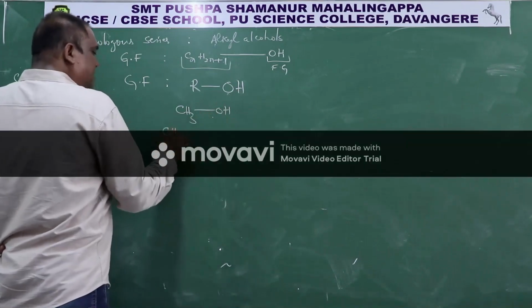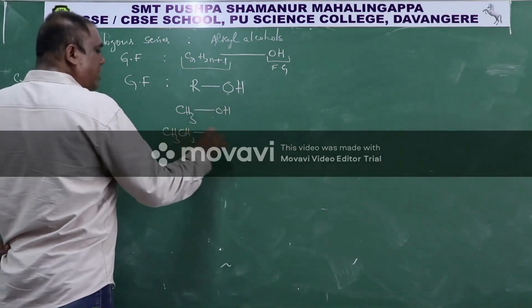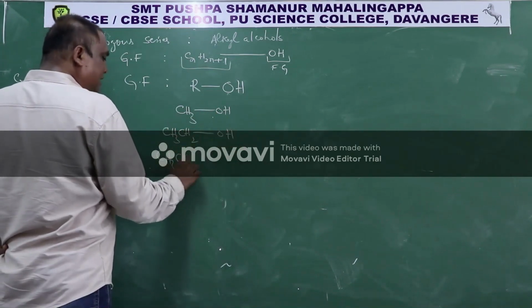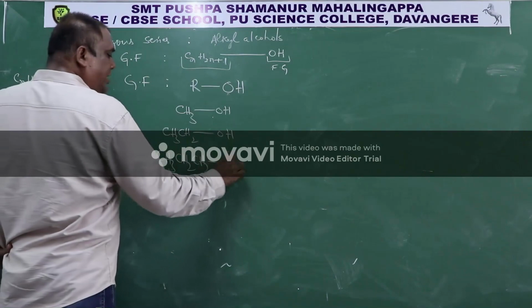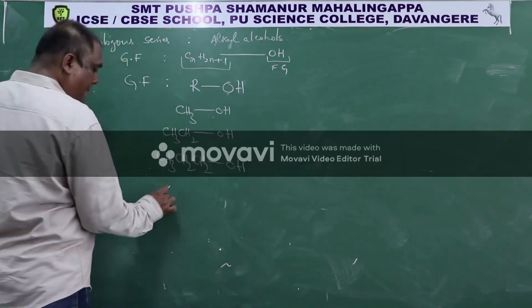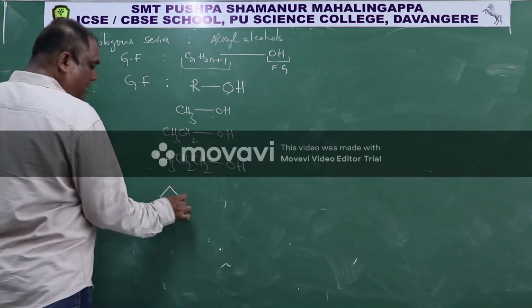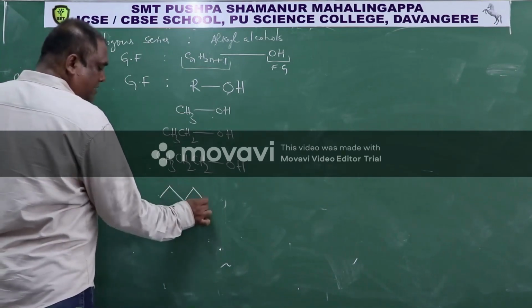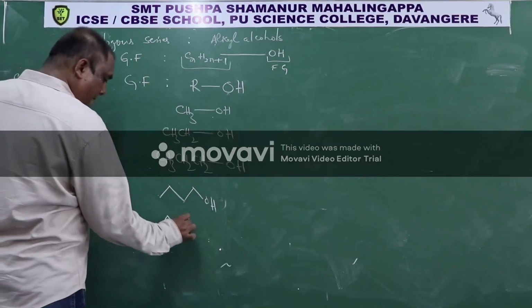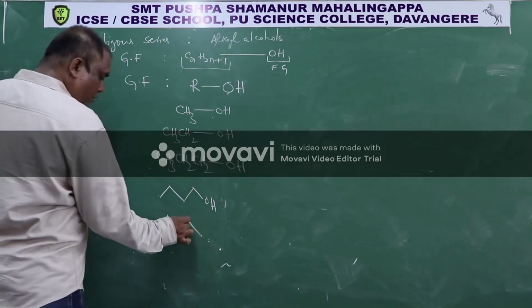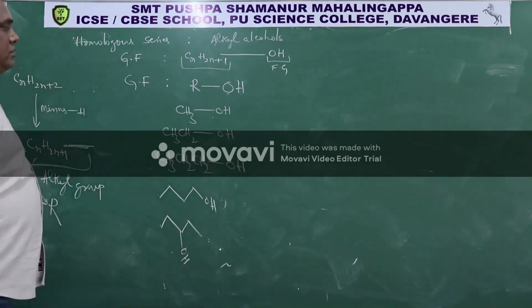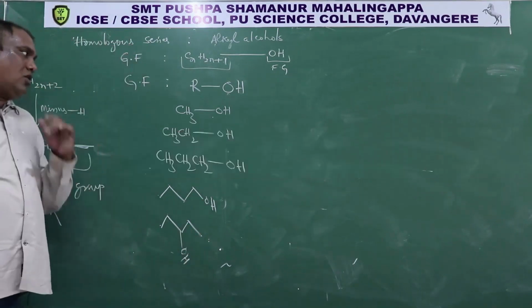Then CH3CH2OH is ethyl alcohol. CH3CH2CH2OH is n-propyl alcohol. With 4 carbons it is butyl alcohol, with 5 carbons pentyl alcohol. So this is the homologous series of alcohols.